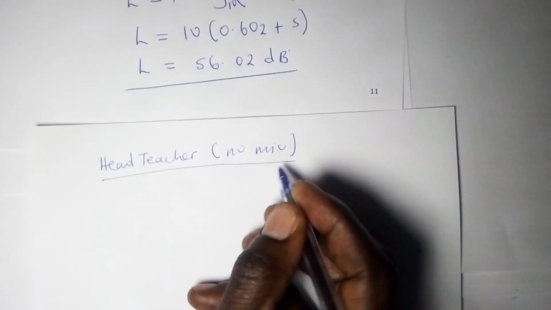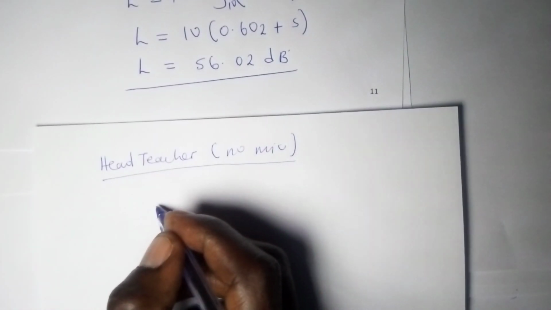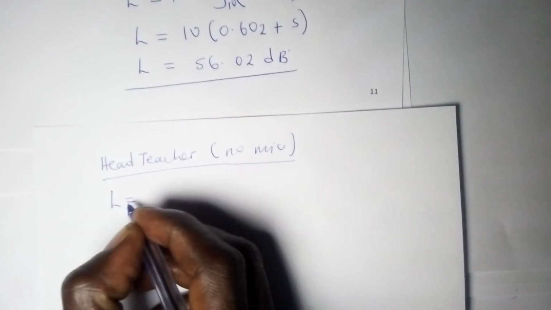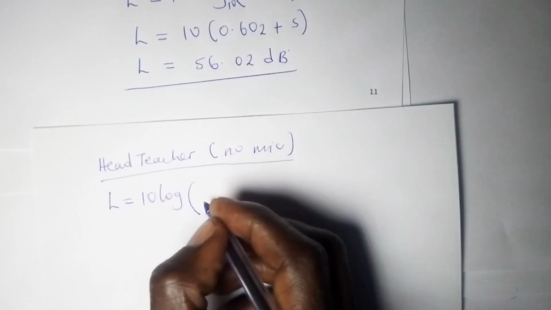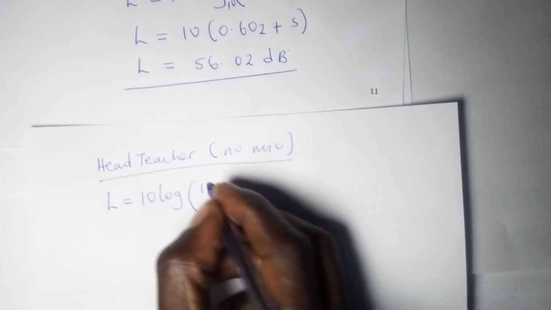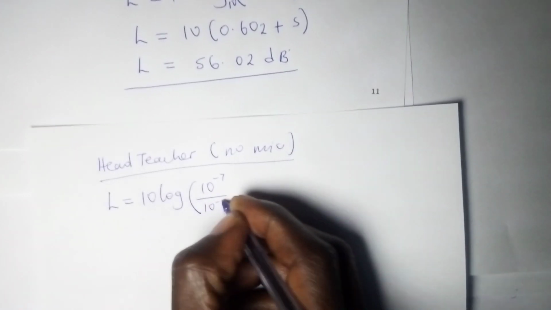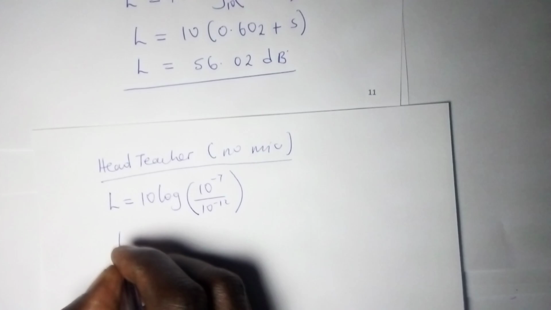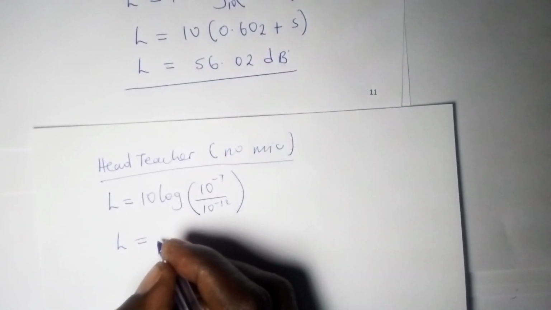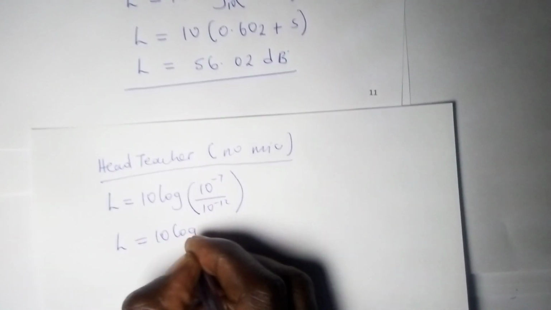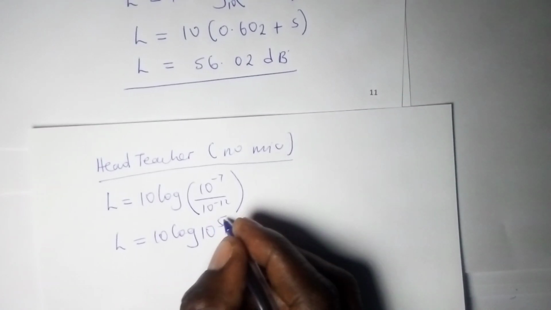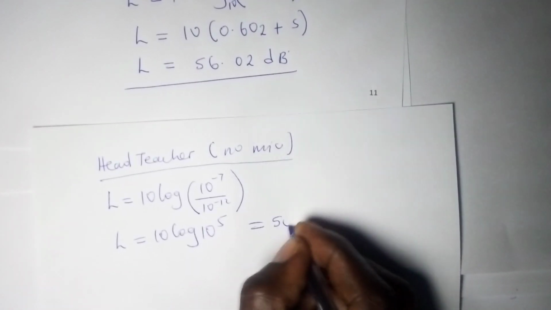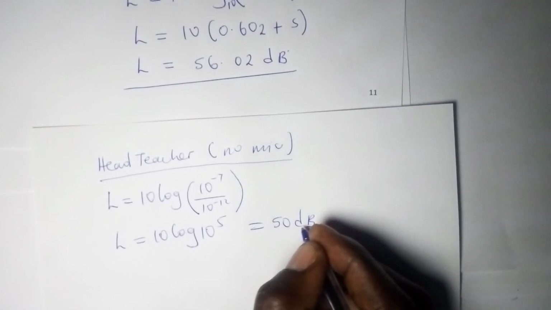For no mic, we have quoted the formula already. We shall have 10 log of 10 power negative 7 over the reference level, so L equals 10 log of 10 power 5, giving us 50 decibels.